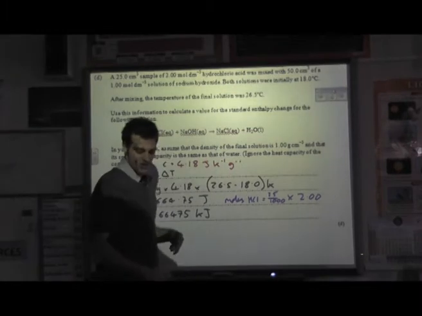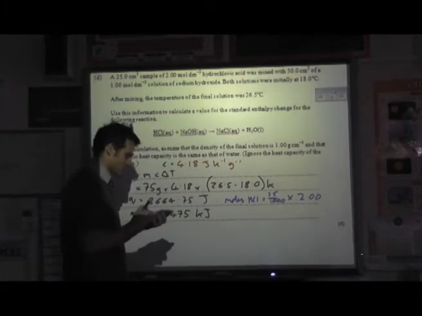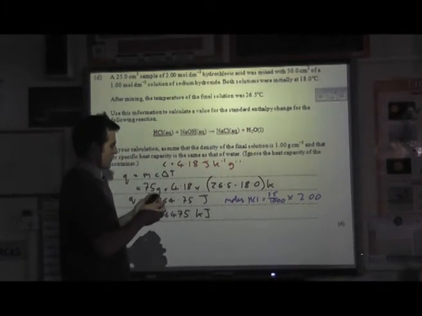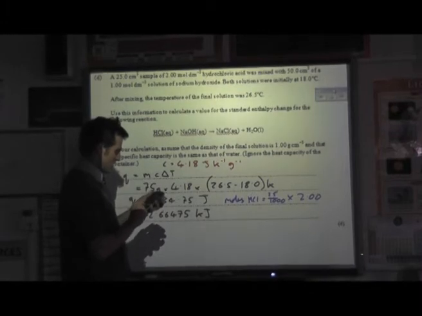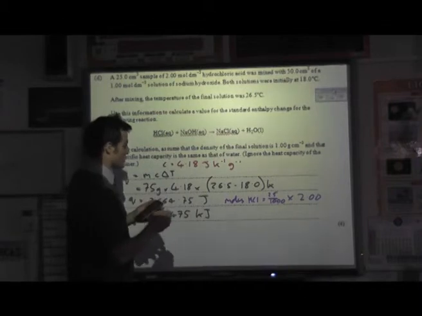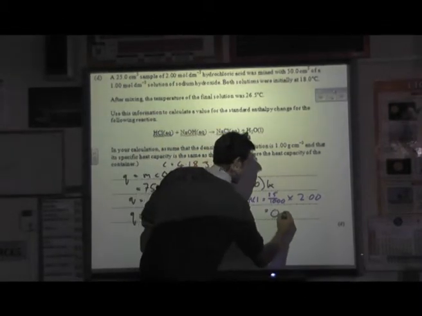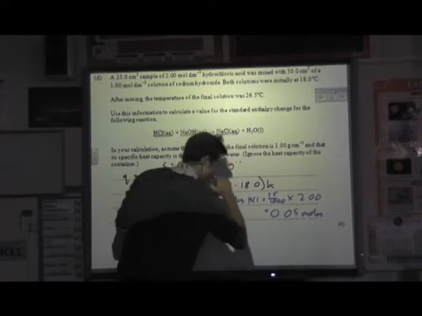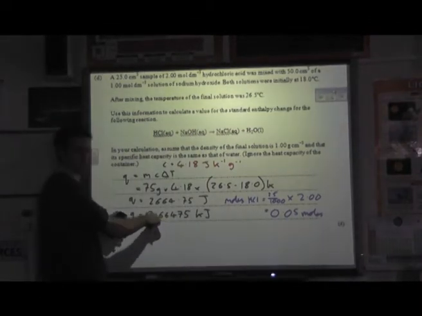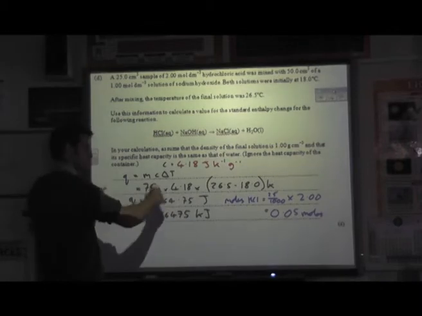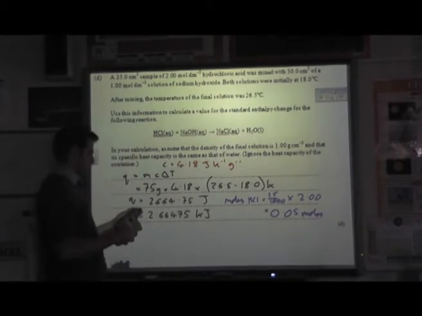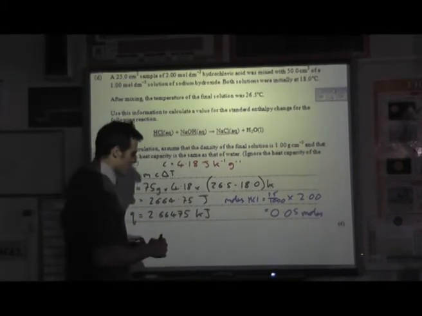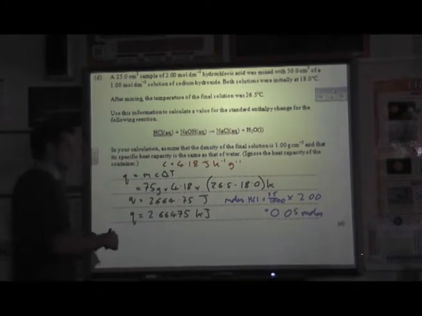So it's going to be 2 times 25, which is 50, divided by 1,000, which is 0.05. But 0.05 moles has released this much energy. So if I had 1 mole, I'd release lots more, wouldn't I? I'd produce how many times more? 20 times more, probably. So let's try.